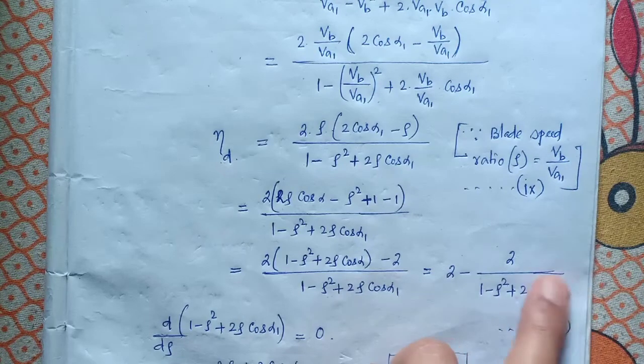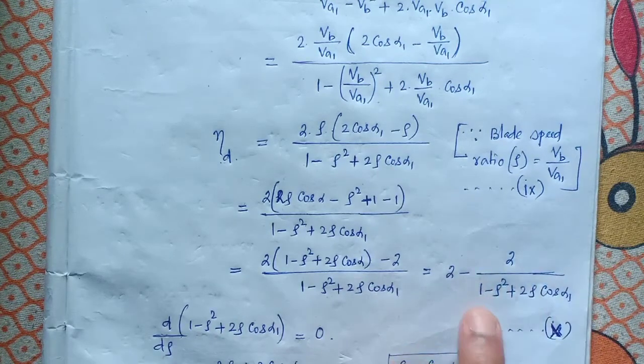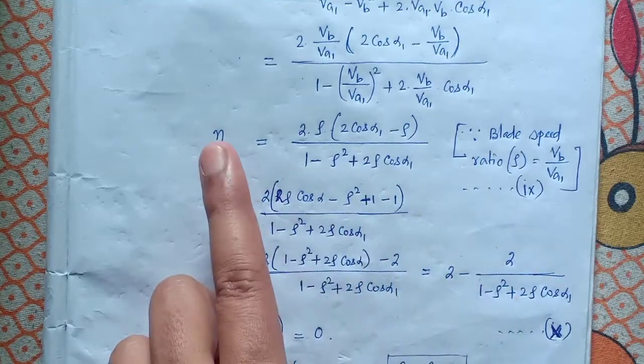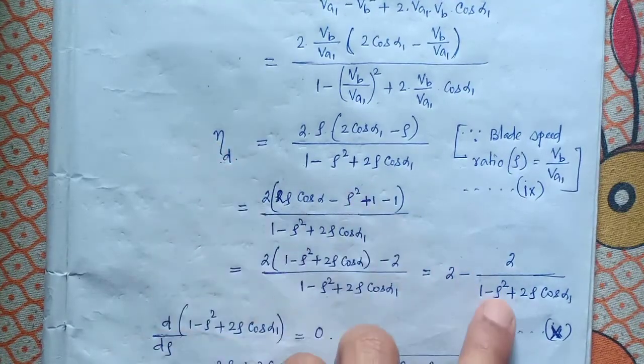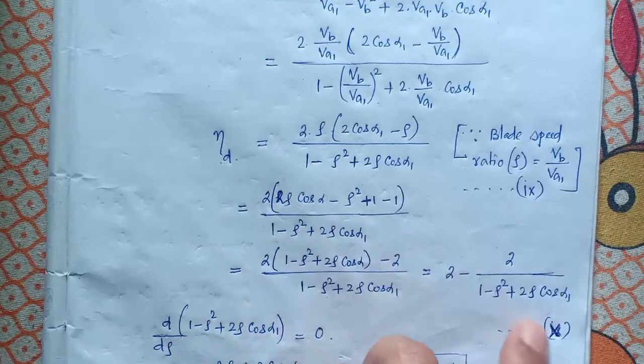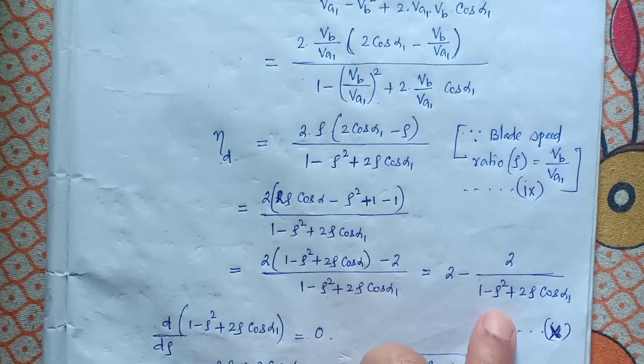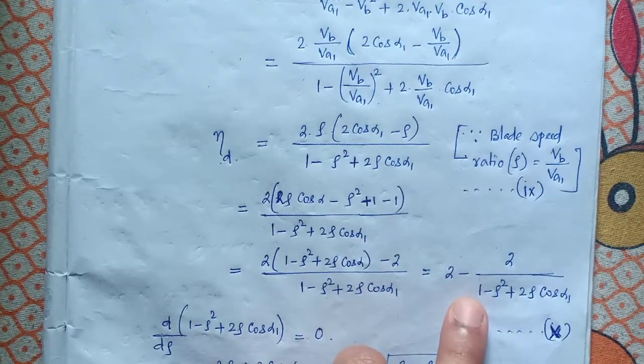When this denominator part is maximum, the minimum number will be deducted from 2.